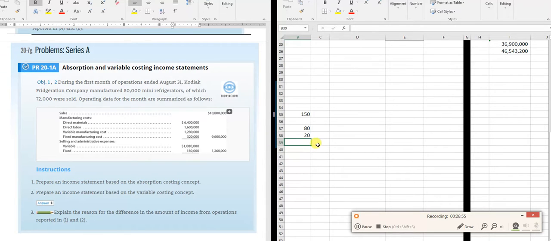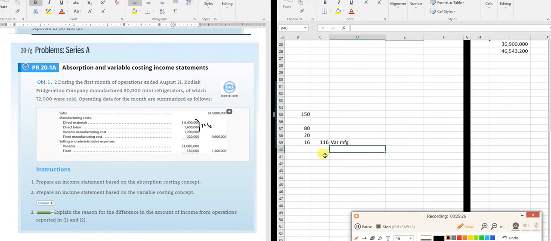And then I have, hopefully I have all these numbers right, my variable manufacturing costs. I want you to write 116 there, 116 per unit.